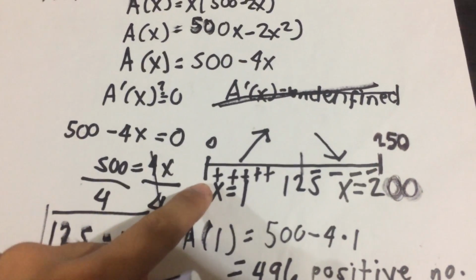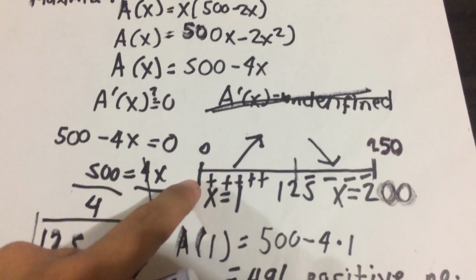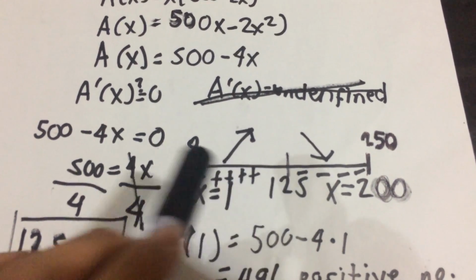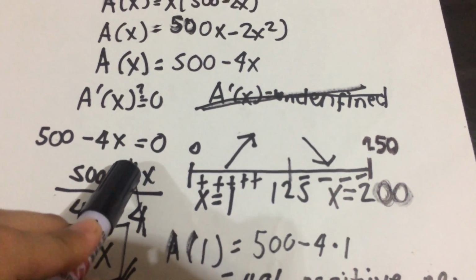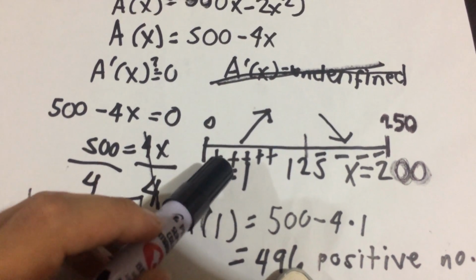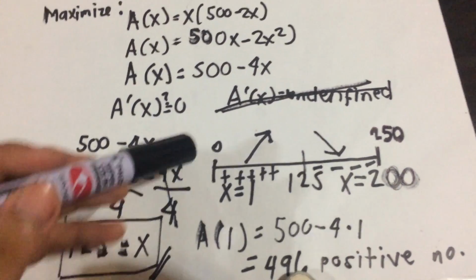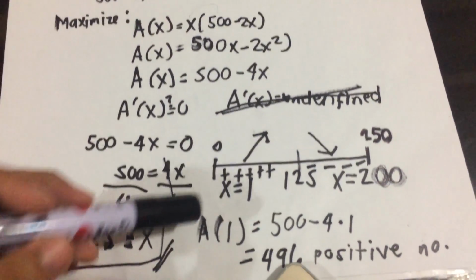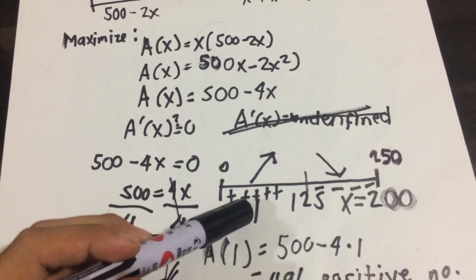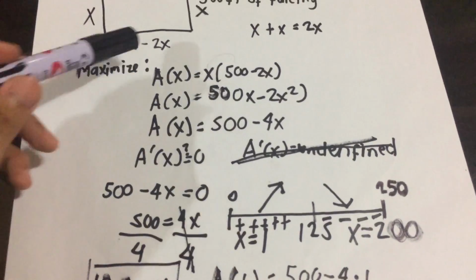I'm going to put 0 here, so we're going to take any number in between 0 and 125. So I'm going to use x equals 1. I put the 1 in our derivative here.